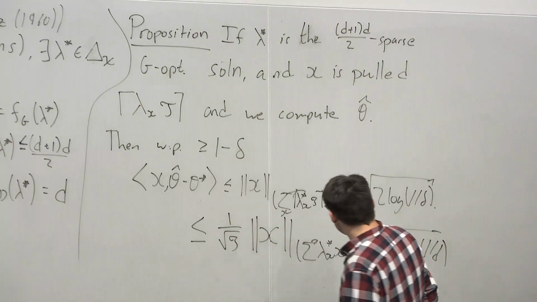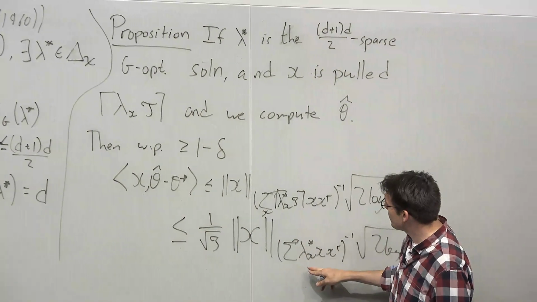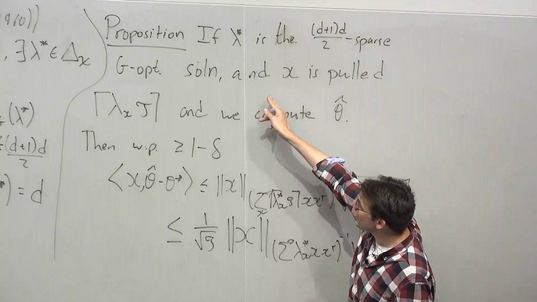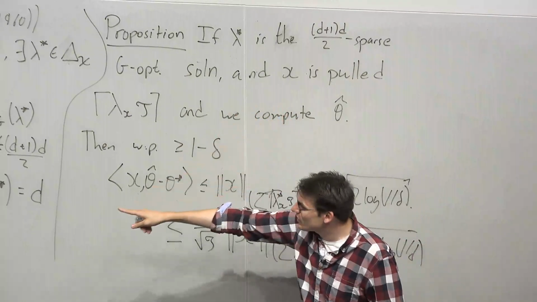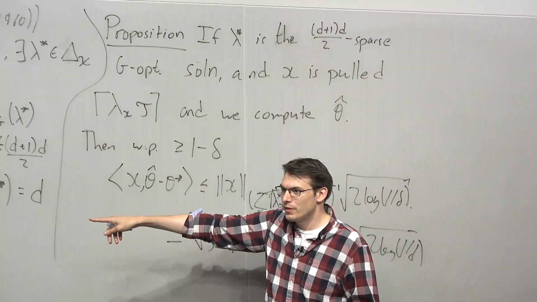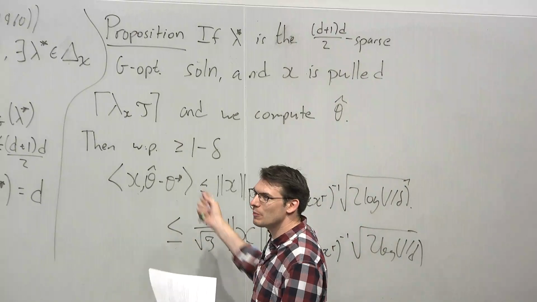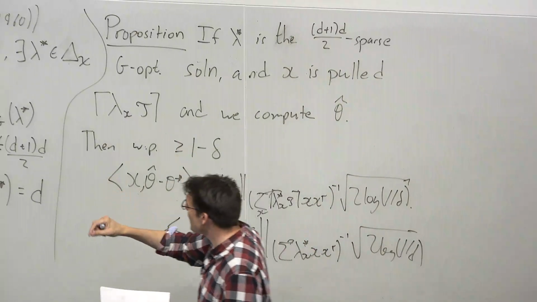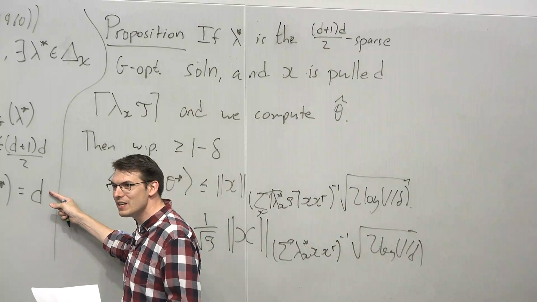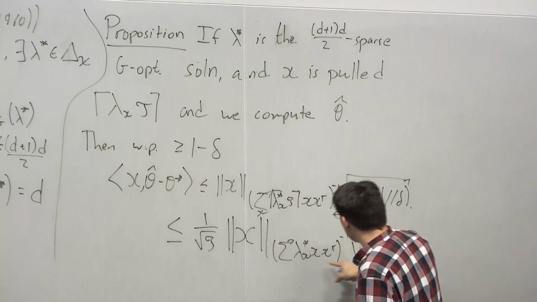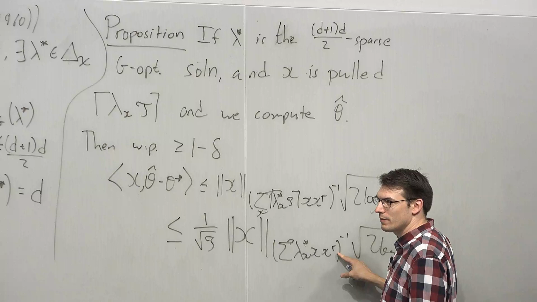And finally, for this particular x, well, the G-optimal design, by definition, minimizes the maximum x. So x is just one of them. G-optimal is minimizing the maximum one, and that value is exactly equal to d. This whole thing has to be less than or equal to square root of d.